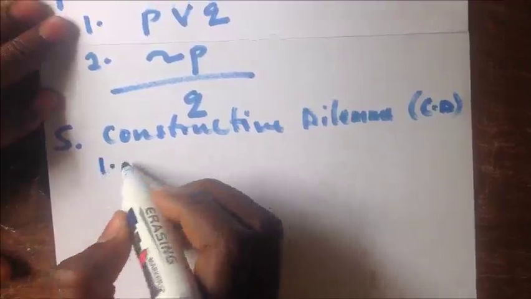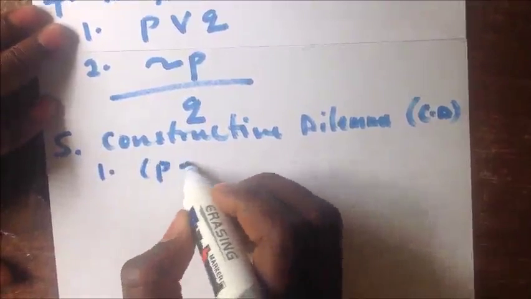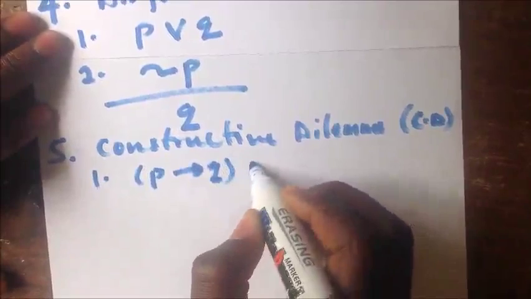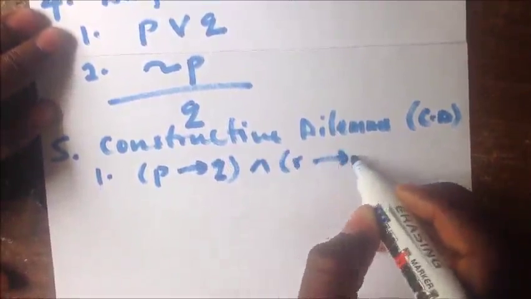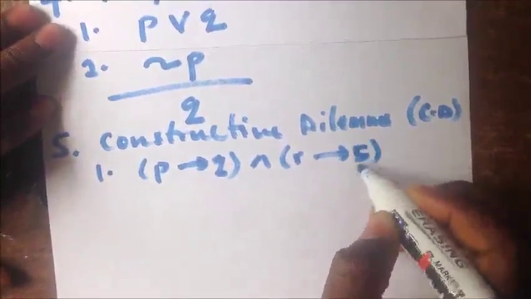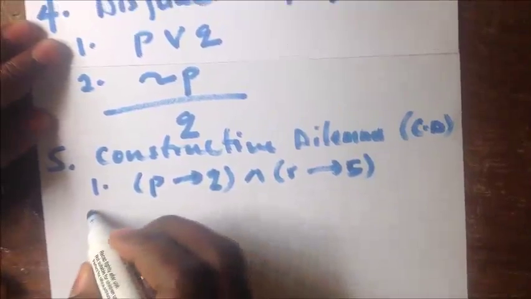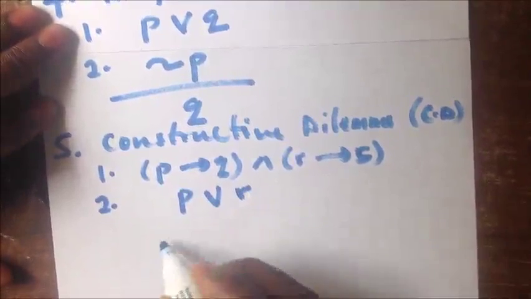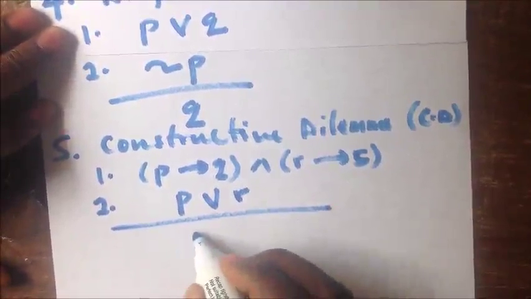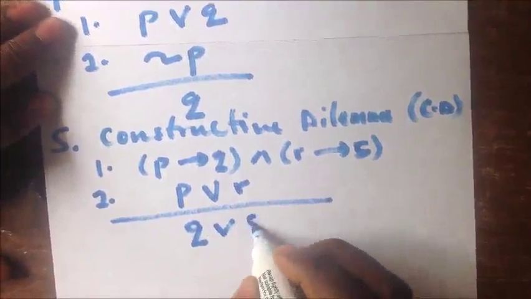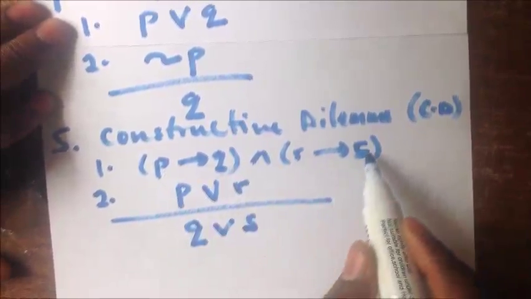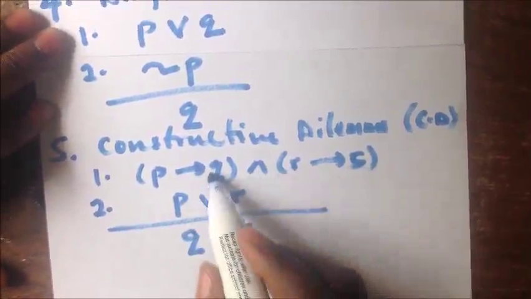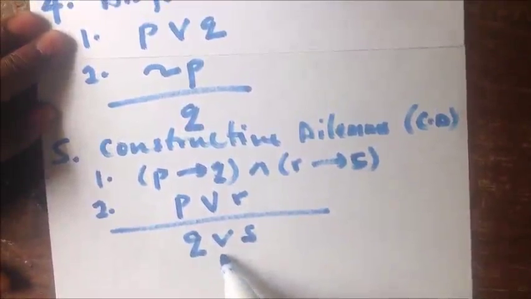It's saying that the first premise is P implies Q and R implies S is true. The second premise is P or R is true. So the conclusion will be Q or S. If all these are satisfied, therefore this or this is true.